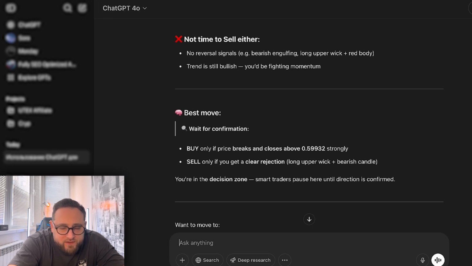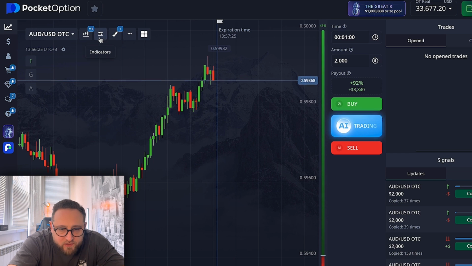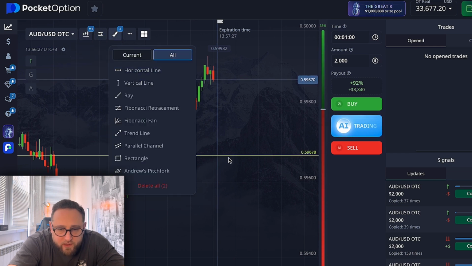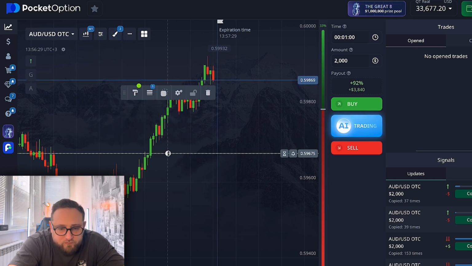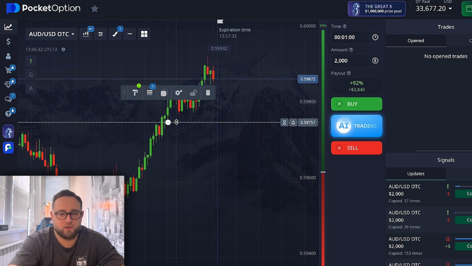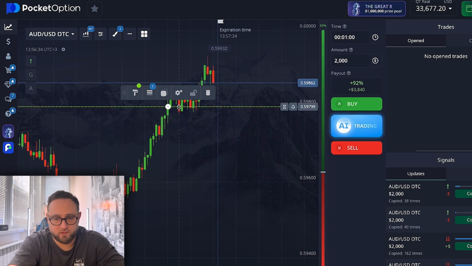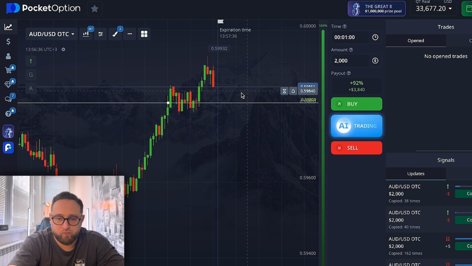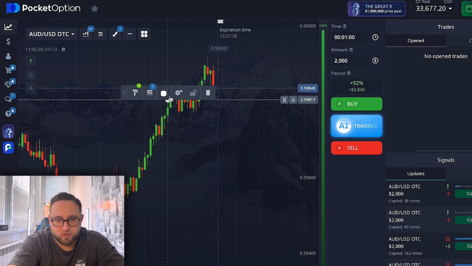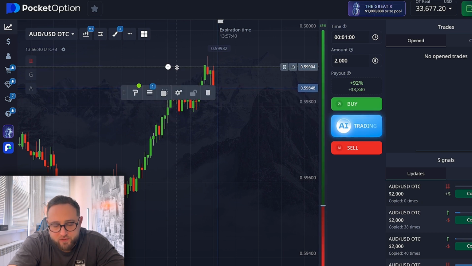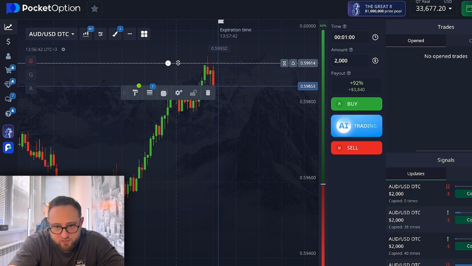Okay, let's check the chart. Let's draw the line on the levels of the recommendation. I actually like the recommendation. This is a decent level.